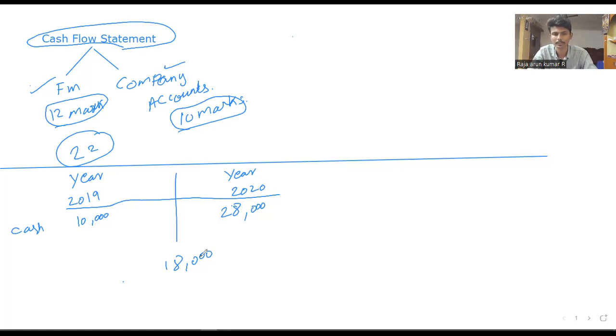You cannot say that, because in that 18,000 there may be expenses they made, and there may be more income also. That is a flow of cash. Think practically. Don't simply say that only the income has increased.